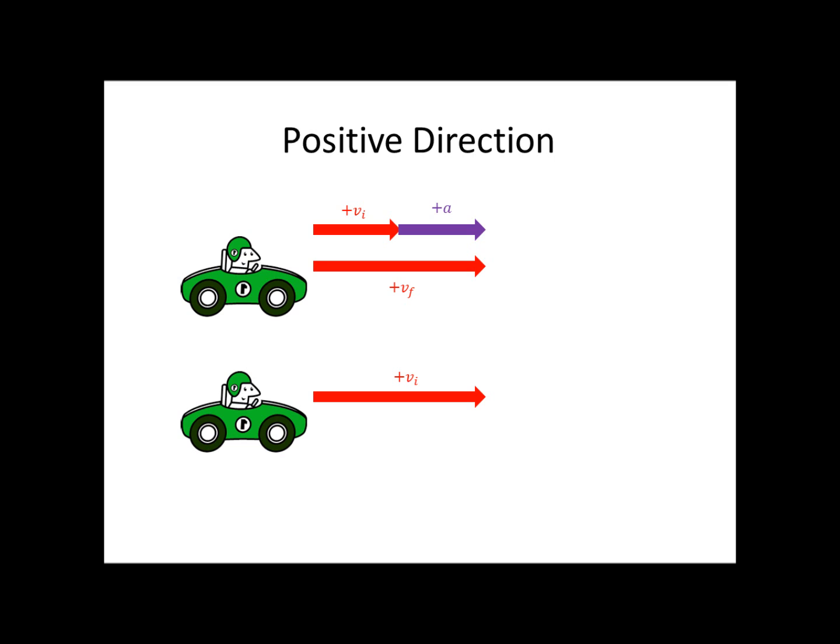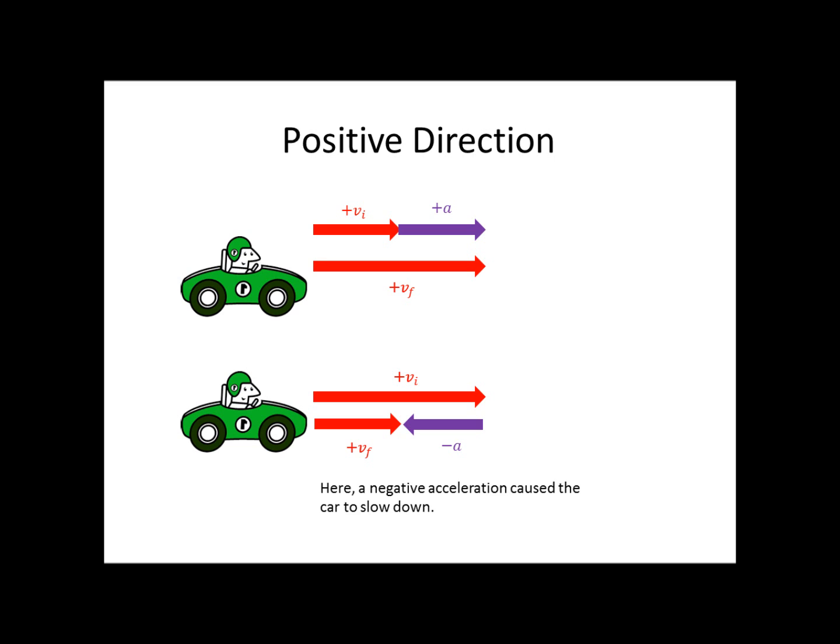His final velocity is a bigger vector than his initial velocity was. Let's take a negative acceleration and apply it to the bottom car. So that's going to make his final velocity vector shorter than his initial velocity. So this guy is slowing down because of that negative acceleration. But it always doesn't work this way.